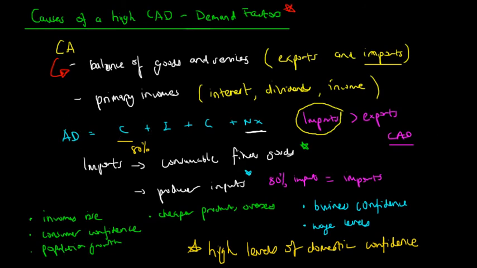So some people may argue, even though if imports increase, that means net exports would decrease, and that means aggregate demand would decrease. But how would that be the case when our incomes rise, consumer confidence is high, there's population growth? Shouldn't aggregate demand by theory increase? Well, yes, it would increase because net exports only contribute a small proportion of aggregate demand.